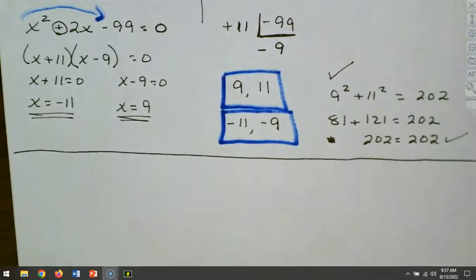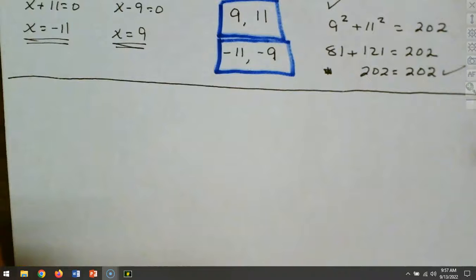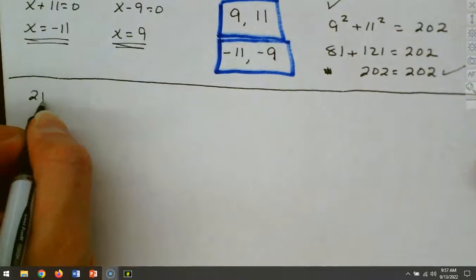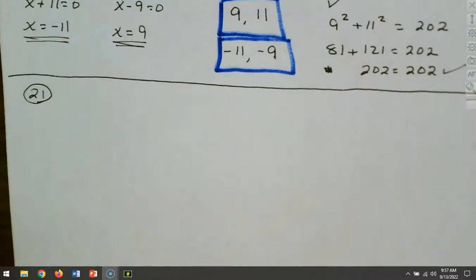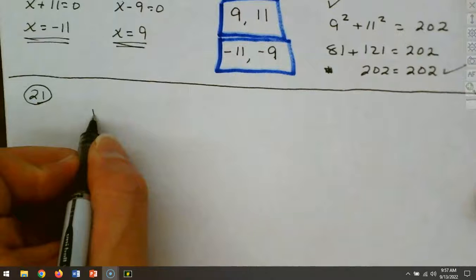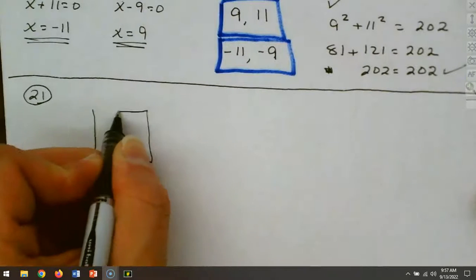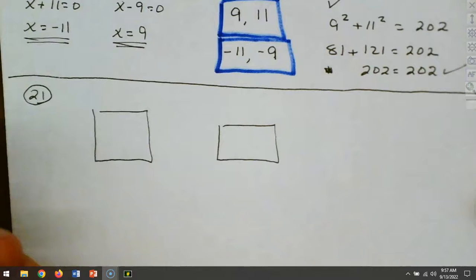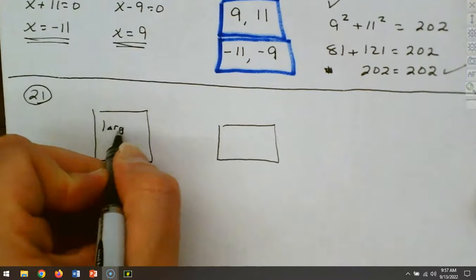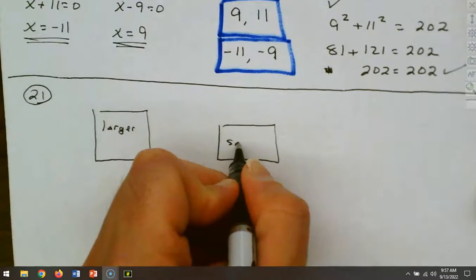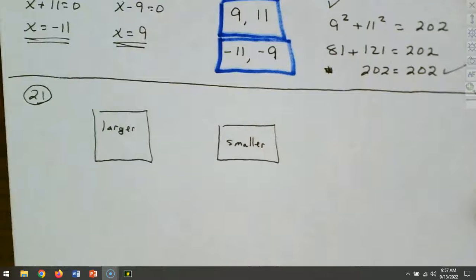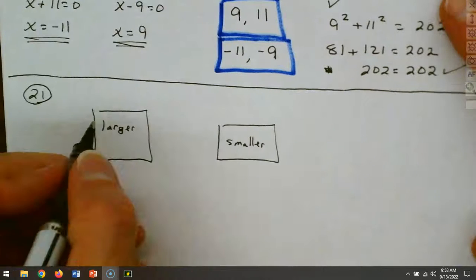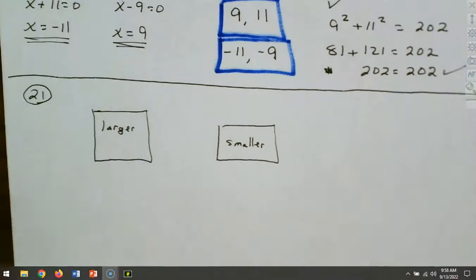So when we look at this, how many squares do we have? It looks like we've got 2 squares, a smaller square and a larger square. And what do we know about these?